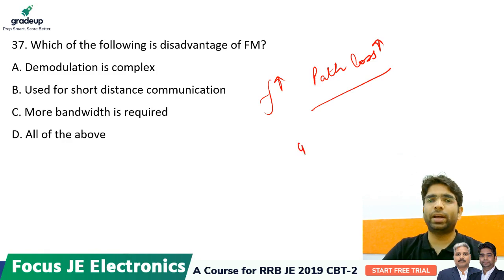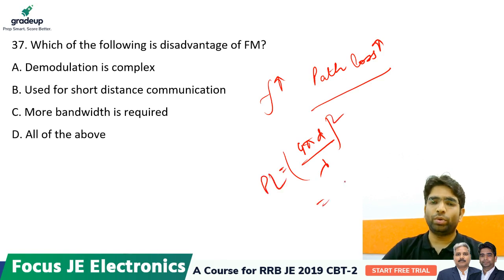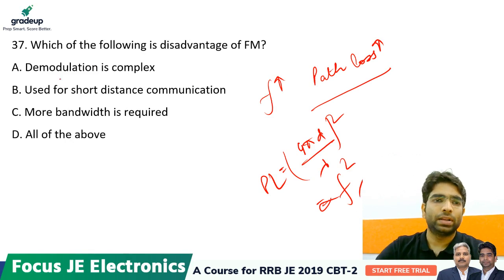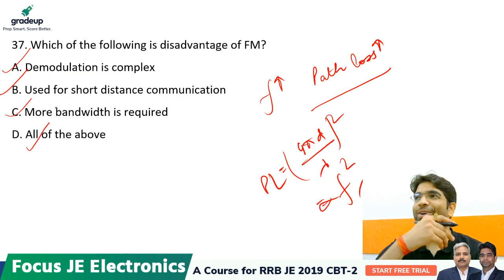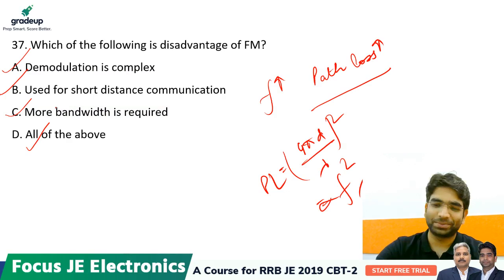Path loss is given by (4 pi d by lambda) whole squared, so path loss is inversely proportional to frequency squared. Demodulation is also complex because of PLL, phase locked loop. More bandwidth is required. So the answer is all of the above.